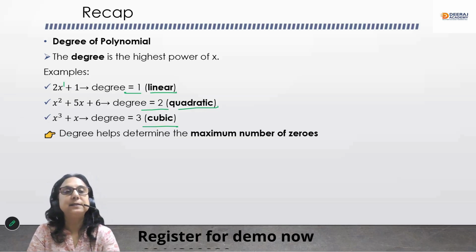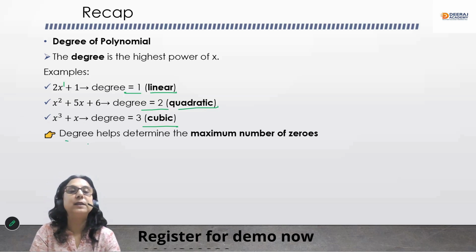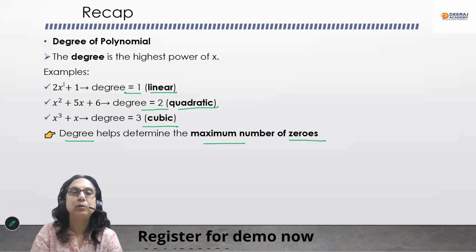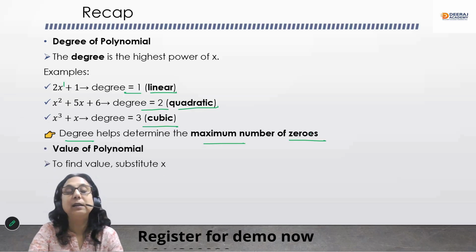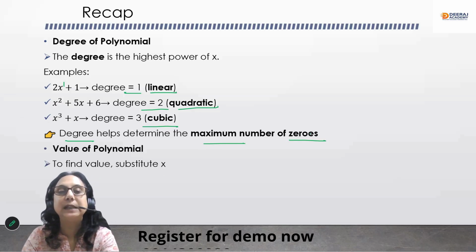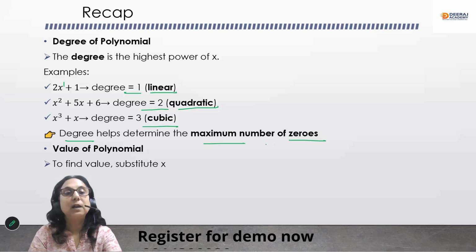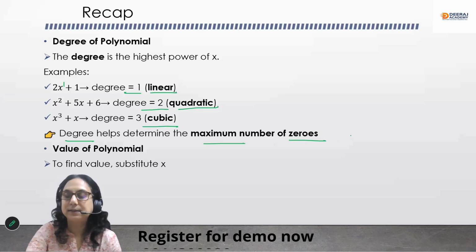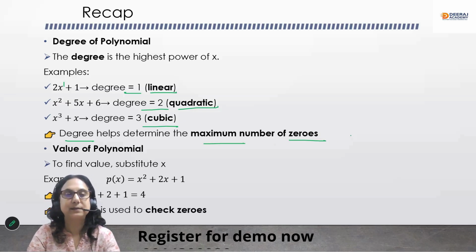What is the need of the degree? Why do we find the degree? Because the degree helps us determine the maximum number of zeros a polynomial can have. What are zeros? Zeros are the values of the variable which satisfy our equation. To find this, we substitute the value of x.